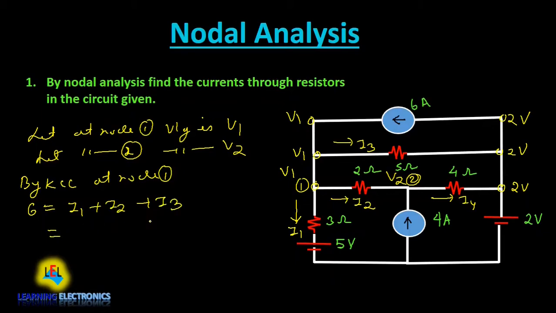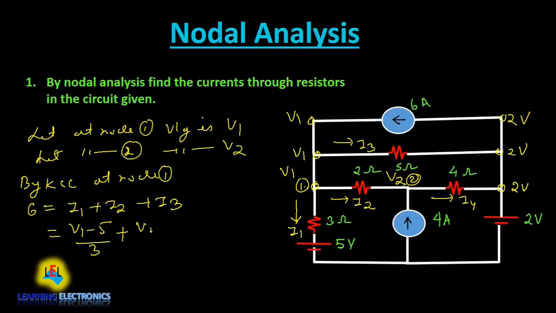Now we find out I1, I2, I3 from the circuit. So I1 will be equal to V1 minus 5 divided by 3, because the current direction of I1 is from V1 to 5 volt, so we take first V1 then 5 volt. Plus I2 is equal to V1 minus V2 divided by 2, since the direction of I2 is from V1 to V2.